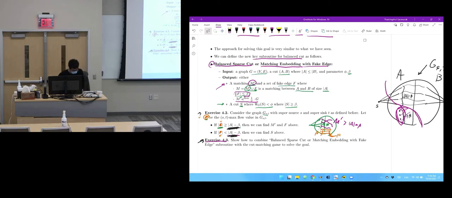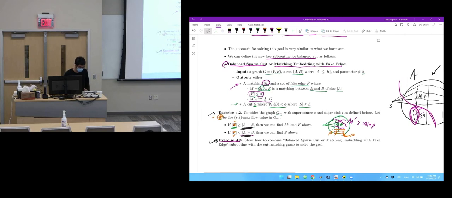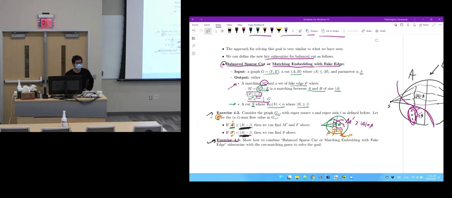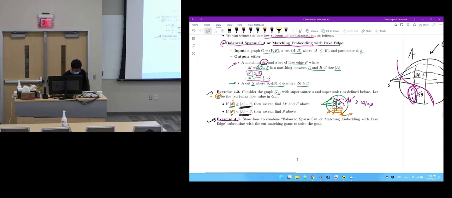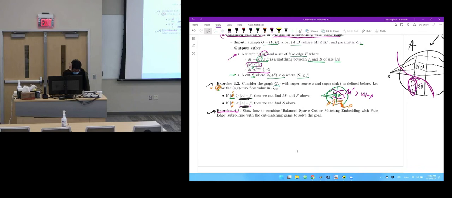This thing can be done just by writing some equations. You can verify this yourself, I think.